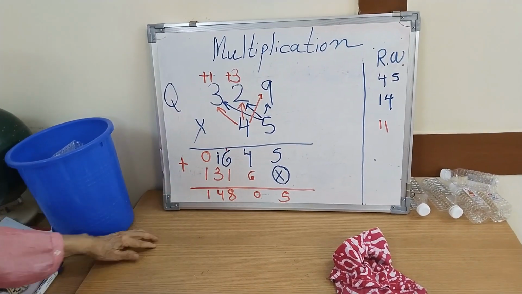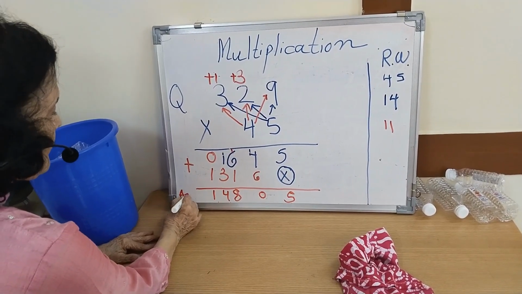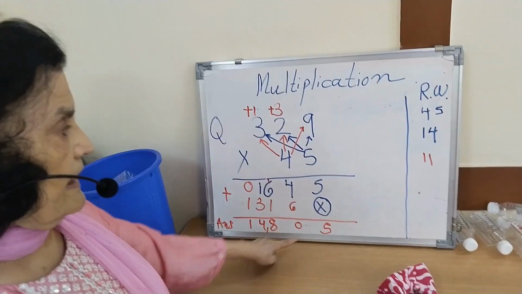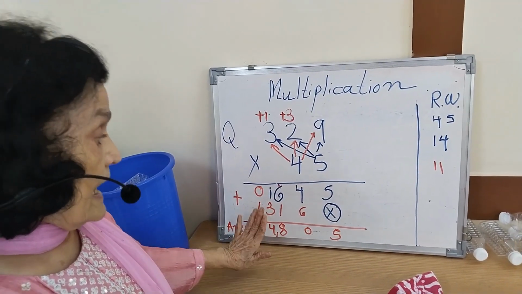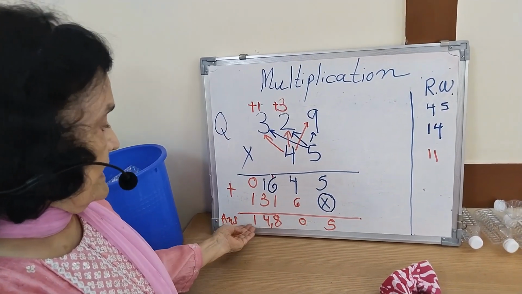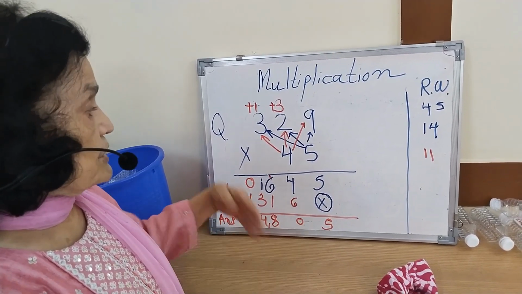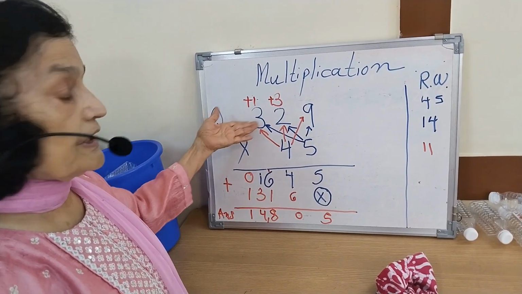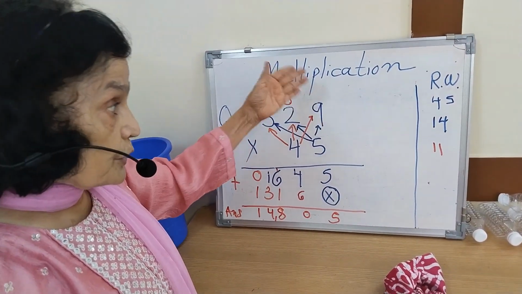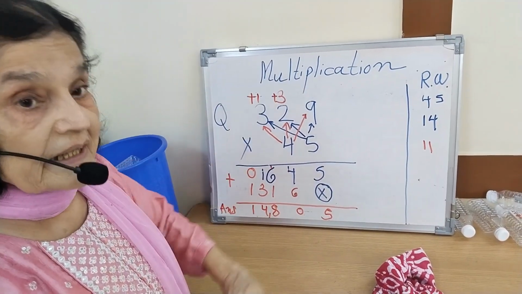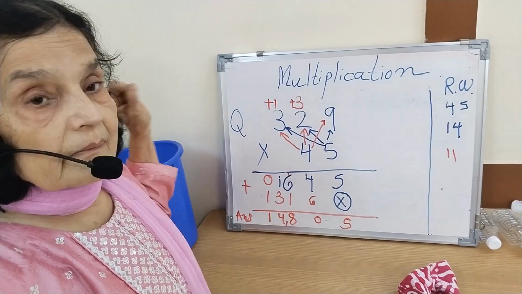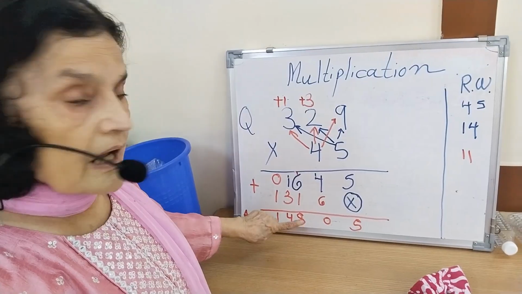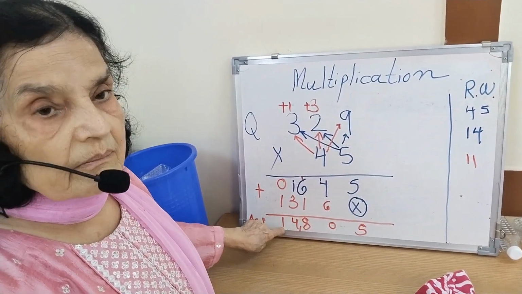So our answer is 14,805, and we can see that this final answer is bigger than 45 and also bigger than 329. So it is one of the similarities between addition and multiplication, that is, the final answer is the biggest number.